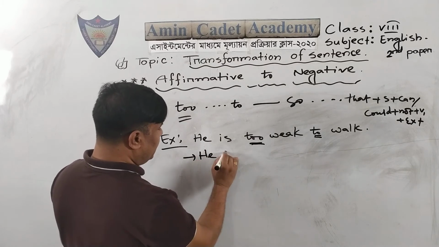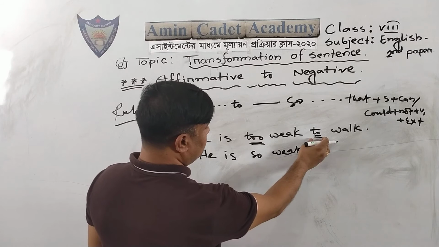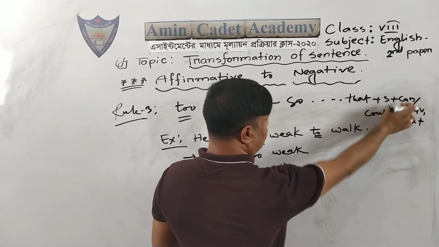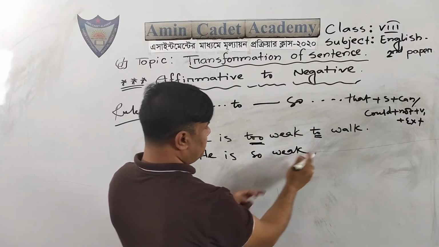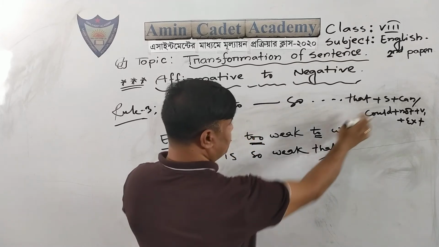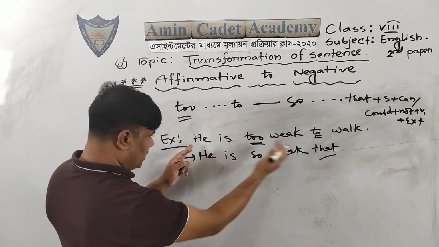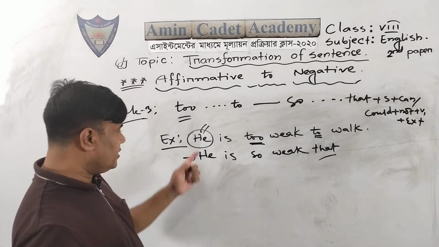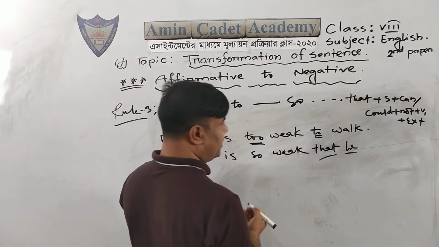So he is so weak. Then here is to. So you should write that plus subject, can or could, plus not instead of to. So here you should write that, then the subject. Here there is no subject, so you should turn to the back side, and here the subject is he. Here you should write he.